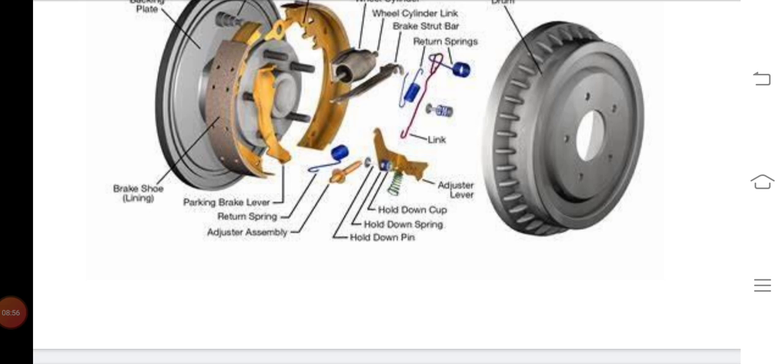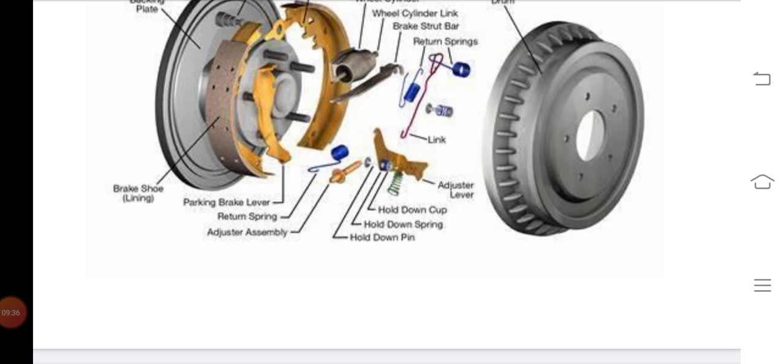So the leading and trailing shoe brake has a large self-servo characteristic that develops high braking power. That means it has a large drum drag for a given applied force. This is made possible due to the use of energy from drum rotation to minimize the effort applied by the shoe expansion.